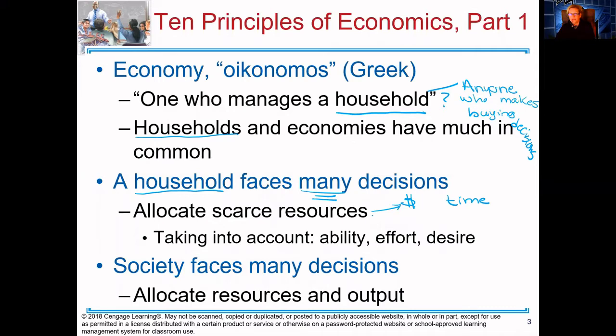You might want to do many things with your paycheck. However, what you have to take into account is what is the benefit of doing that action? And in some ways, what's the cost of not doing it? So paying your bills versus not paying your bills. Again, some of the things that we take into account.